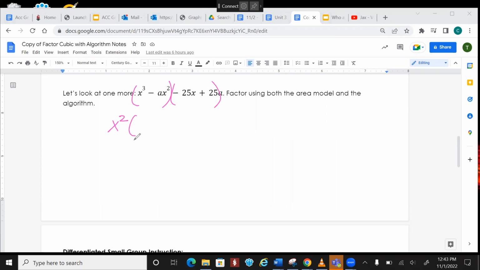X to the third divided by x squared is going to give me x. Negative ax squared, when I divide it by x squared, I'm going to get negative a. In the next group, I'm going to pull out a negative 25. When I divide negative 25x by negative 25, that's going to leave me with x.